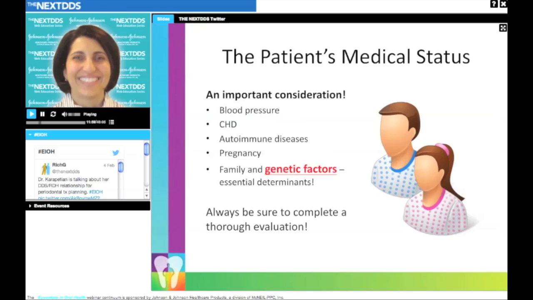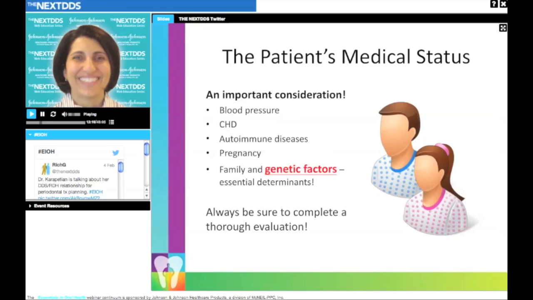But once they get their systemic health in control, then they are better able to control their oral health, and vice versa. If they're able to control their oral health, then the diabetes is more easily controlled. So these diseases play hand in hand with one another.